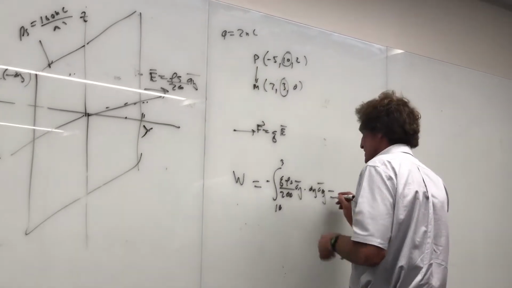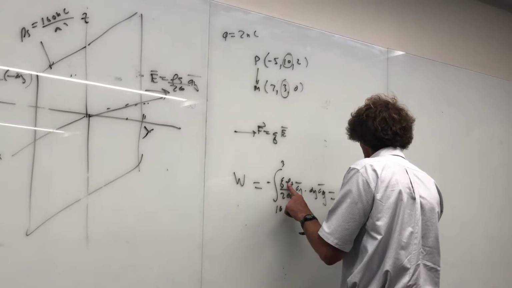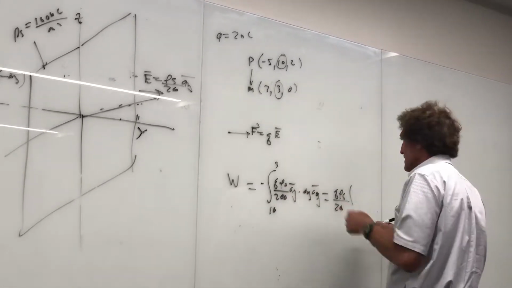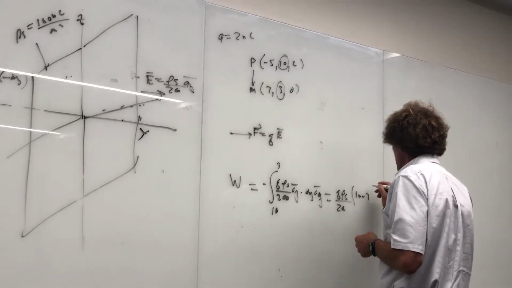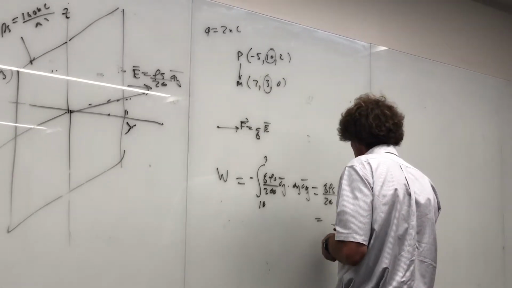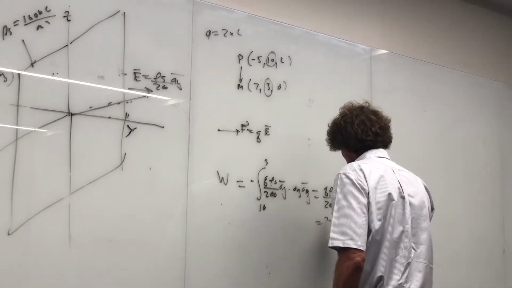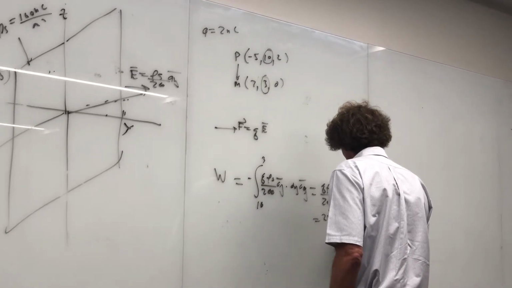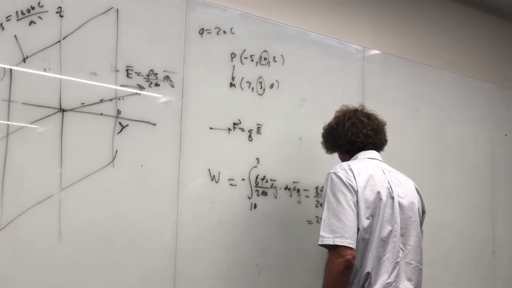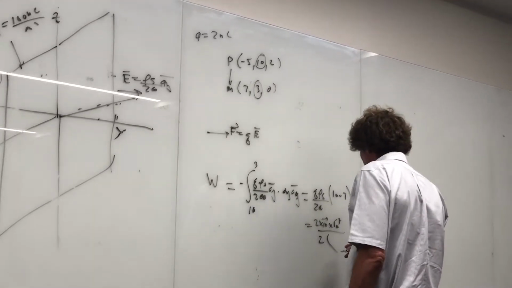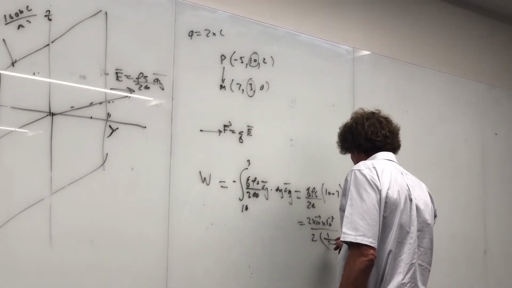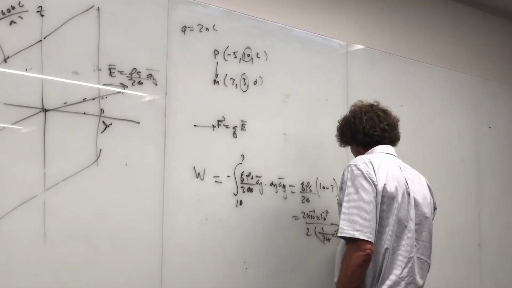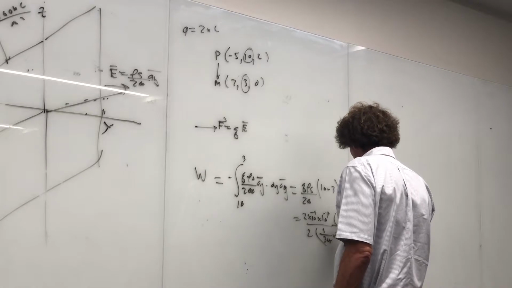And that means that it's actually going to be Q rho S over 2 epsilon naught, and then it's going to be minus 3 minus 10, or really 10 minus 3, or 7. So this should be the answer. Q is 2 nanocoulombs, times 10 to the minus 9, times rho S, which is 10 to the minus 7, over 2, and then 1 over 36 pi times 10 to the minus 9, times 10 minus 3, which is 7.